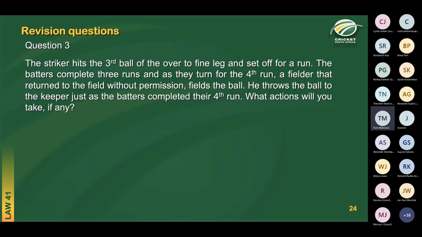Excellent, Hans. In this example, how many runs are we awarding for the running between wickets? Only the 3, because the fourth one hasn't been completed when he picked up the ball. So when he came in contact with the ball, the act was committed, and that run had not been completed yet. So only 3 runs.